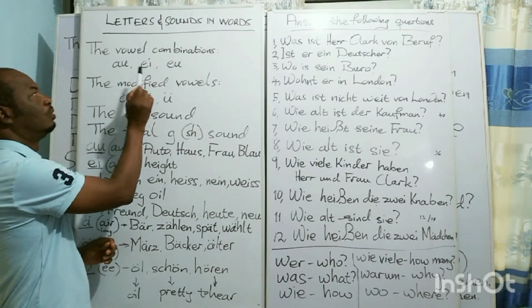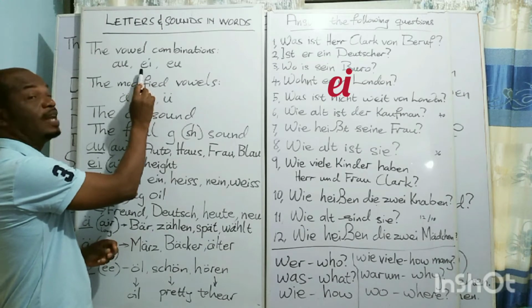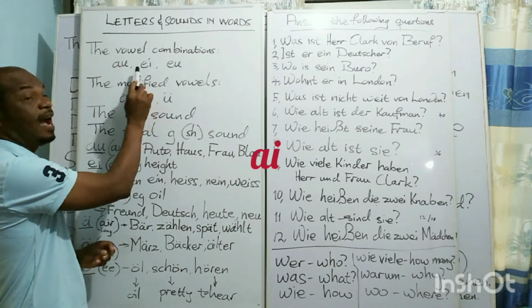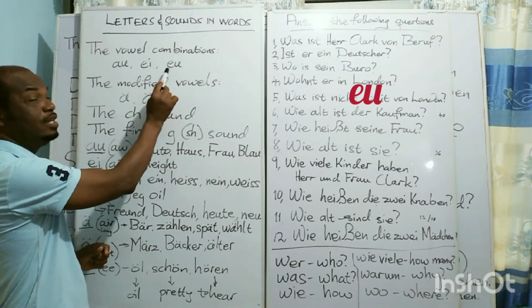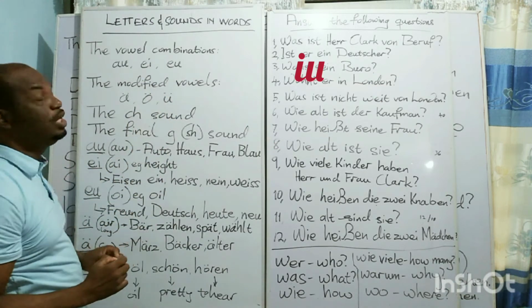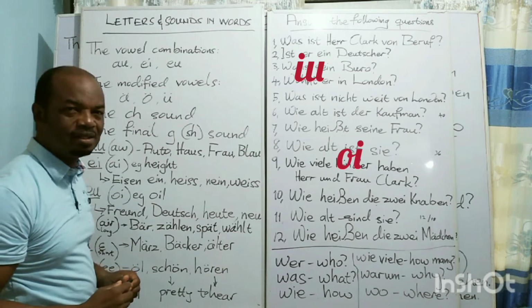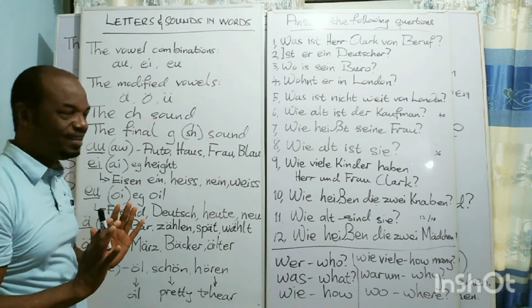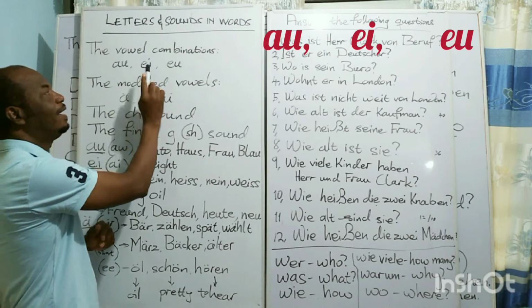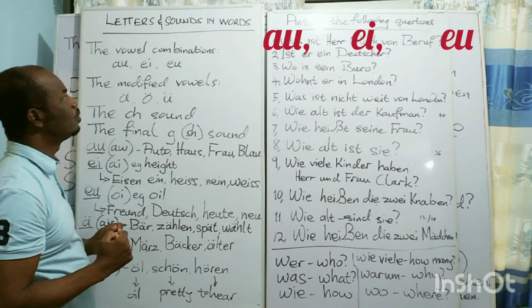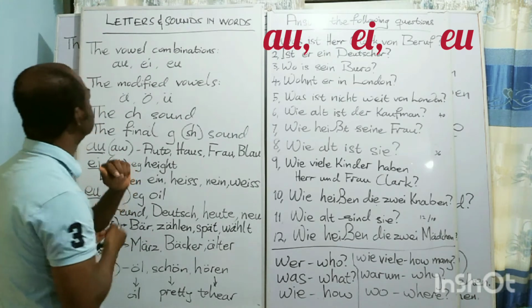And EI is not A, it's I. EU is not EU, it's OI. Bear that in mind. OW, I, OI. So examples.